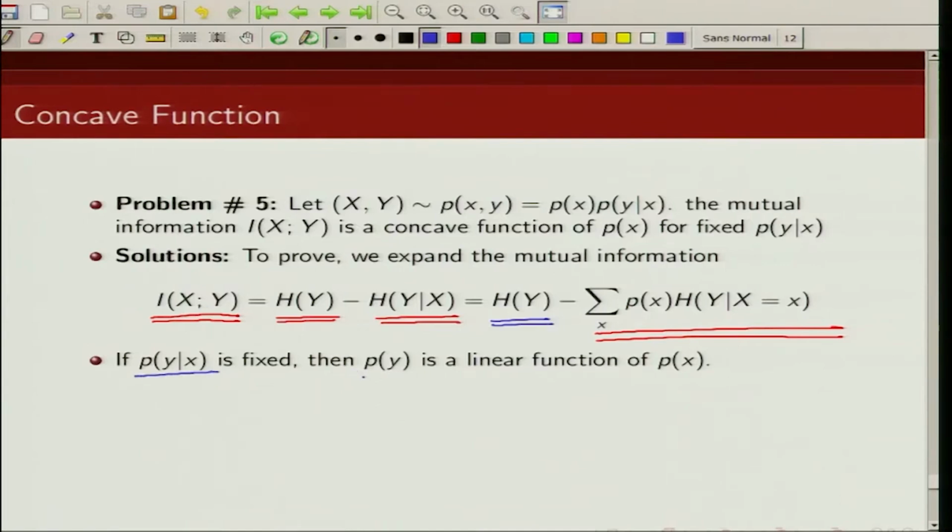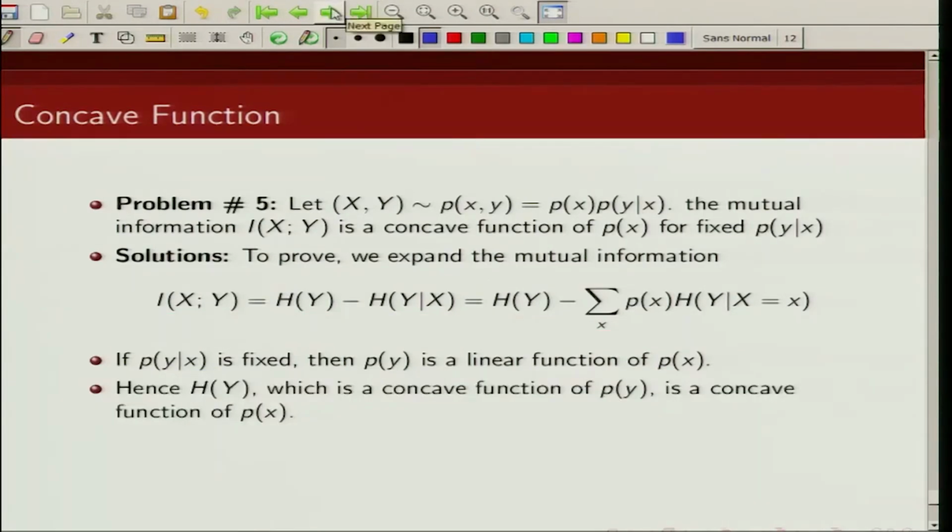If we fix P of Y given X, then P of Y is a linear function of P of X. And we know that H of Y, the entropy function, is a concave function of P of Y. So, if it is a concave function of P of Y, it will also be a concave function of P of X, because P of Y for a fixed P of Y given X is a linear function of P of X. So, since H of Y is a concave function of P of Y and P of Y is a linear function of P of X, H of Y must also be a concave function of P of X.